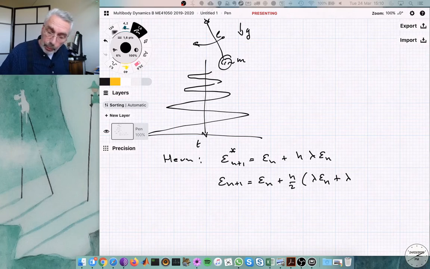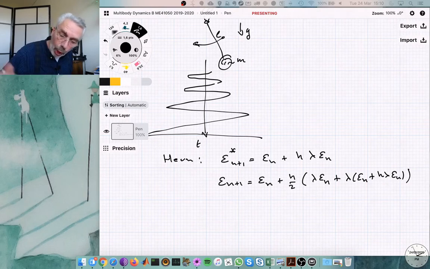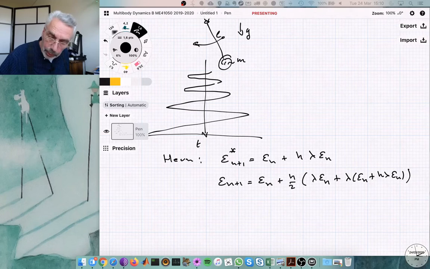So what is that? Then we have to evaluate at this time, so we have to evaluate lambda times, and then we get again epsilon n plus h lambda epsilon n. That's our epsilon star n plus 1, so lambda epsilon star n plus 1.